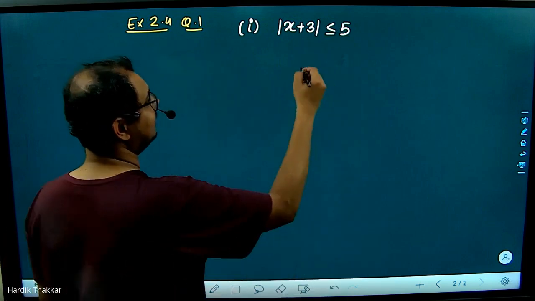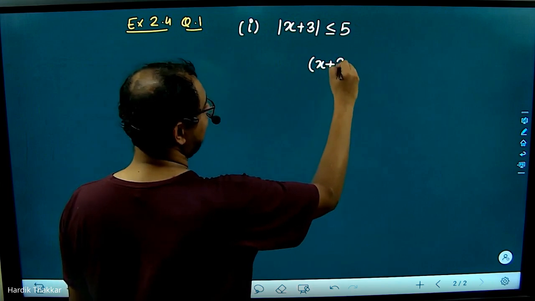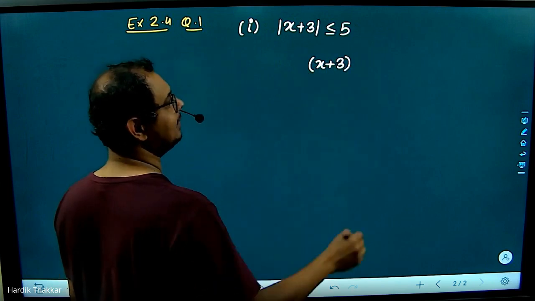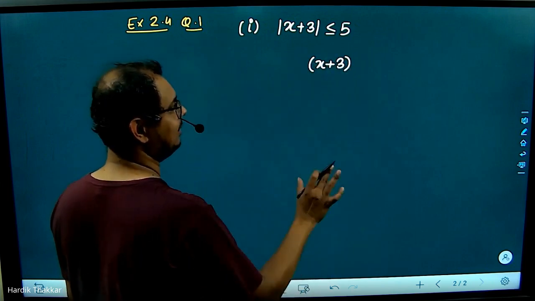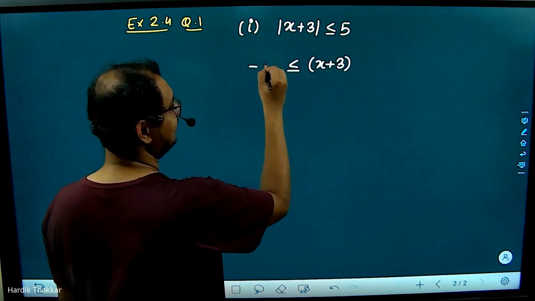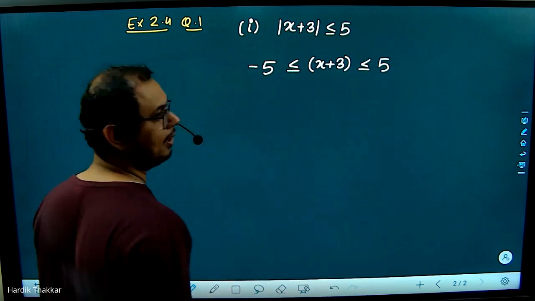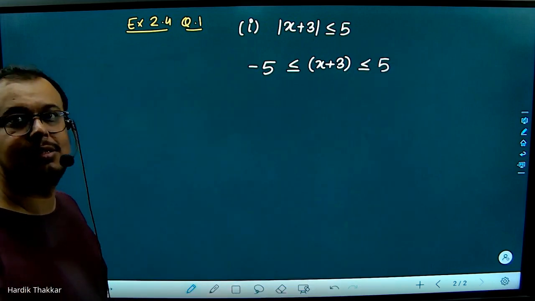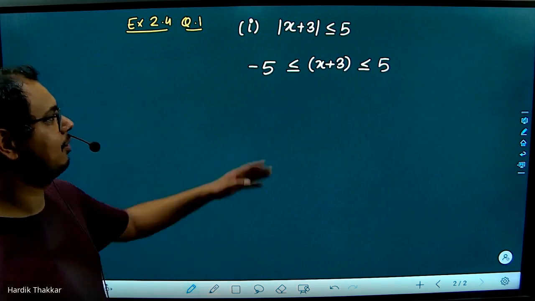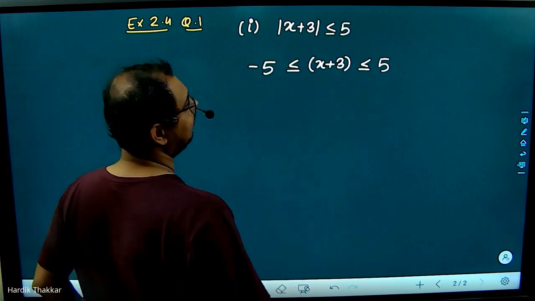In this case, our inequality will be like x plus 3, whatever there is inside the modulus, we will write it like this, and it is less than or equals to 5. So we will consider greater than or equals to minus 5 and less than or equals to 5. Is it clear? By the first or second rule, we can write it like this. Now we have to find the values of x.